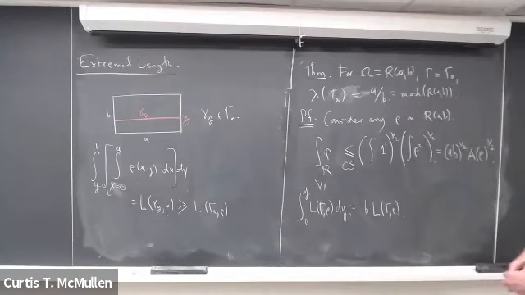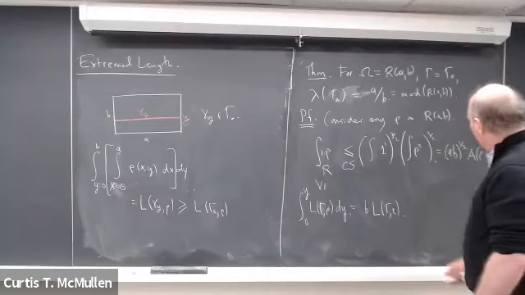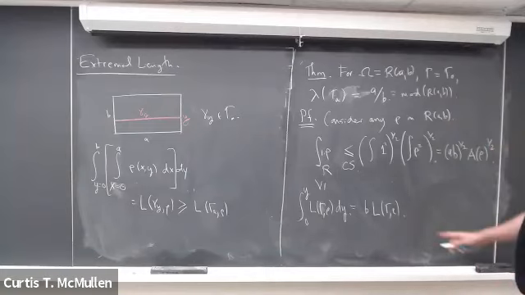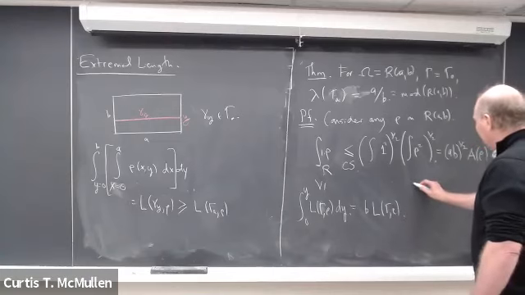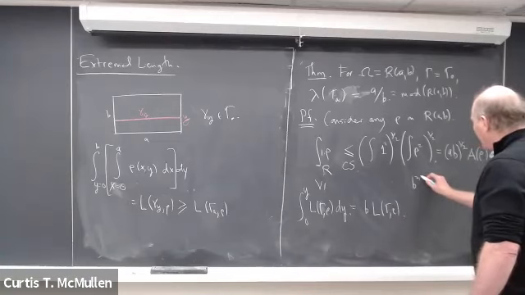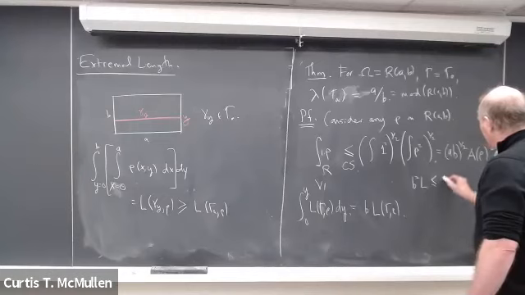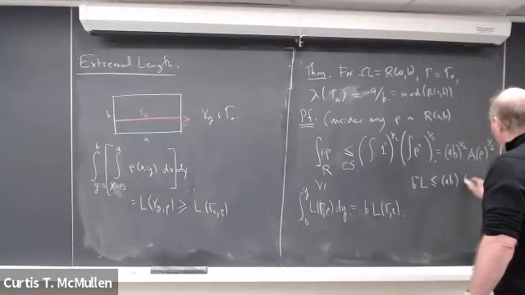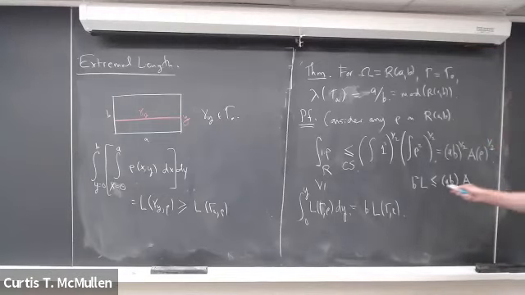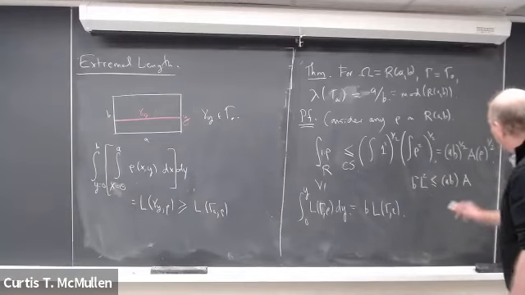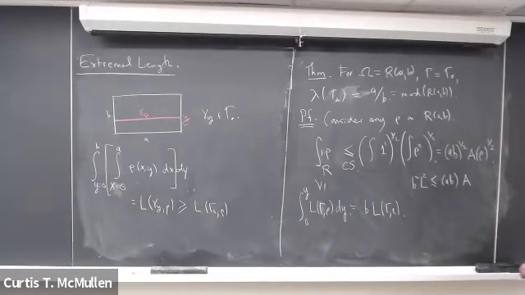And now we're done, because you see if we square both sides, what this says is that b squared L squared is less than or equal to AB times A, where L and A are the length and area coming from the rho metric.